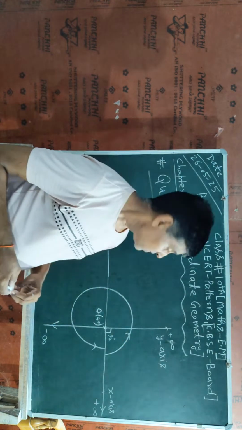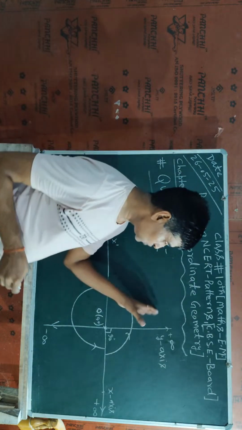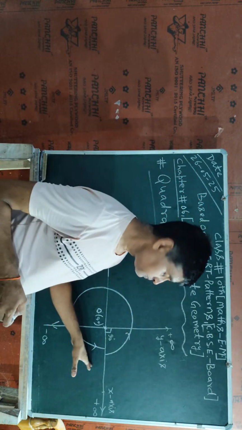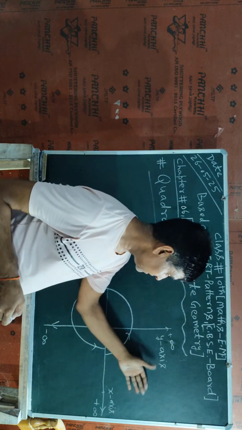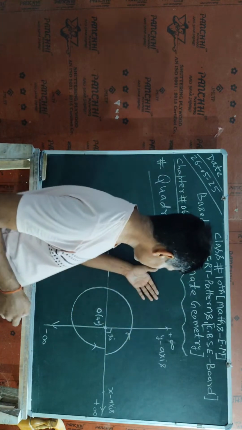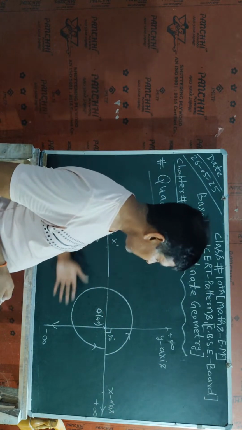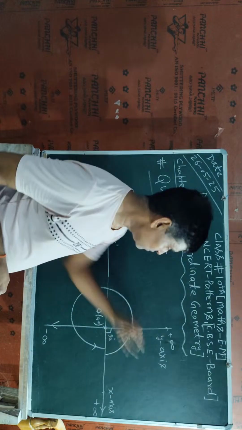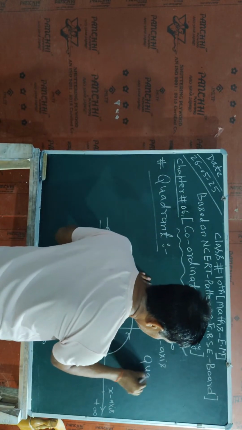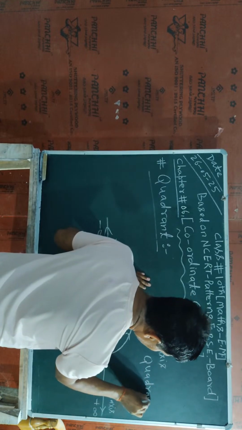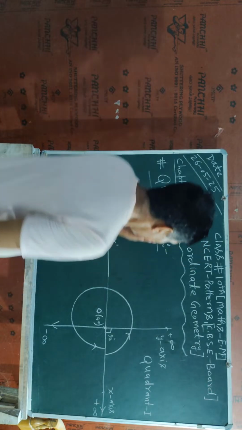Okay, student. Now I have to explain about quadrants, because these 2 lines have created four parts. This is the first, this is the second, this is the third and the fourth part. The first part I will call quadrant 1.